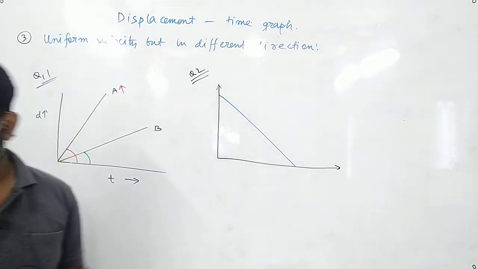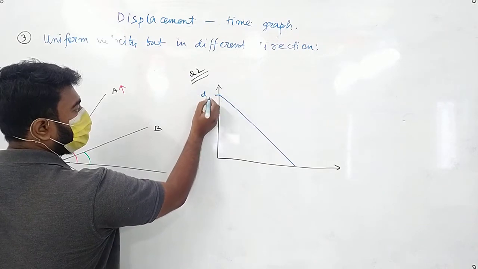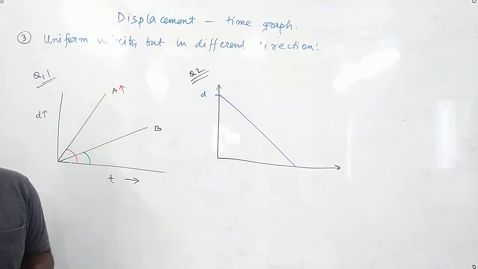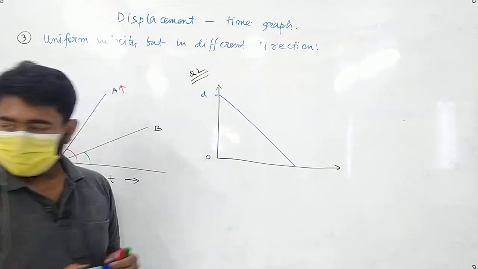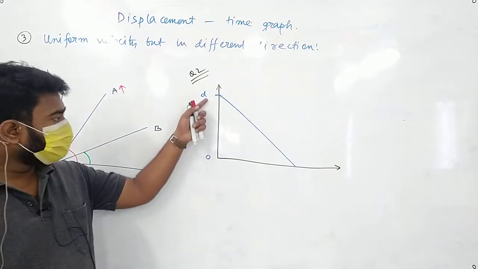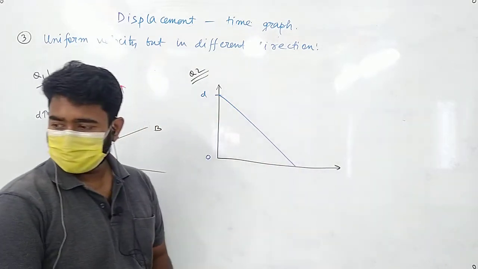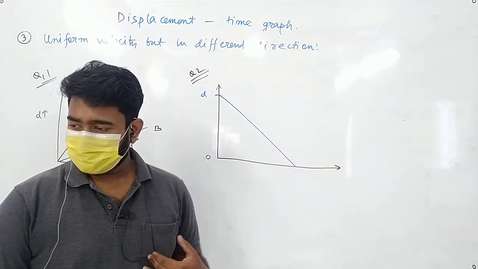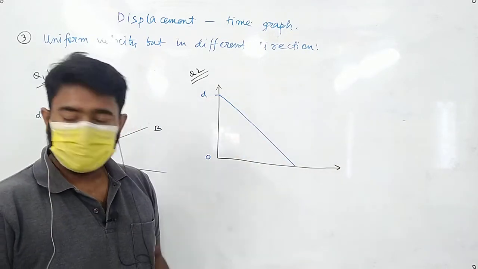It implies that a body has started from more displacement. It is reaching a lesser displacement, that is 0, with increasing time. That means it is coming towards 0. So if that is my positive direction, suppose a bike is coming, the bike is coming in my direction and reaching my position.